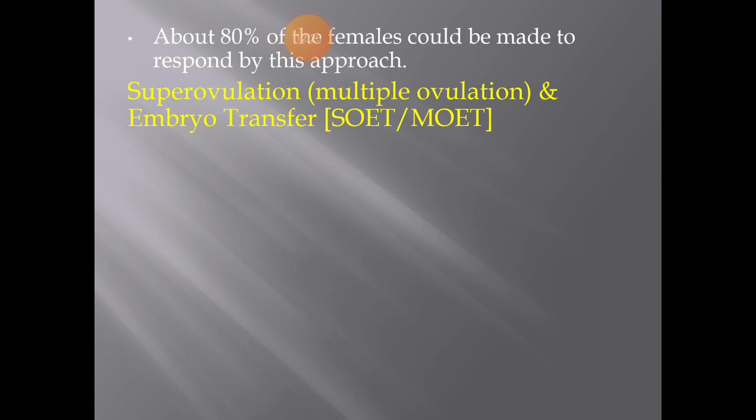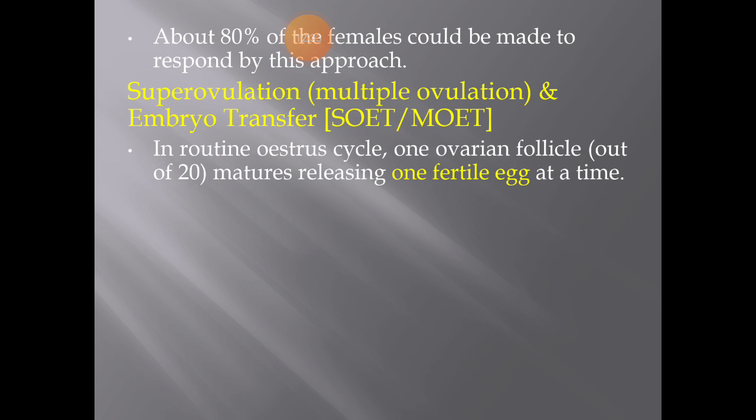Then another technique is superovulation or multiple ovulation and embryo transfer, abbreviated as SOET or MOET. In a routine estrus cycle, normally one ovarian follicle out of 20 matures, releasing one fertile egg at a time.